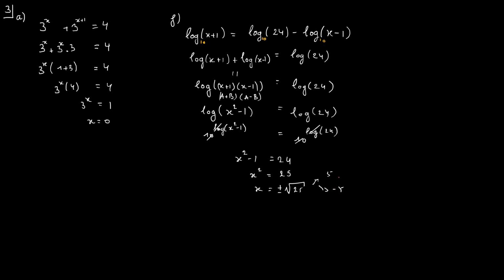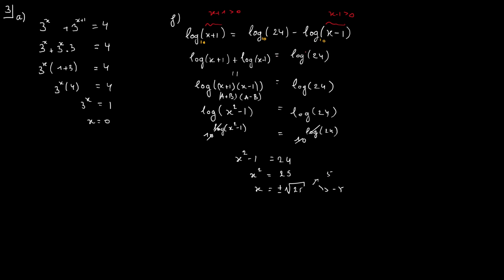So we have to check the conditions for existence for logarithms, because for a logarithm, this thing, x + 1, needs to be greater than 0, it cannot reach 0 either, and here this too, x - 1 needs to be greater than 0.